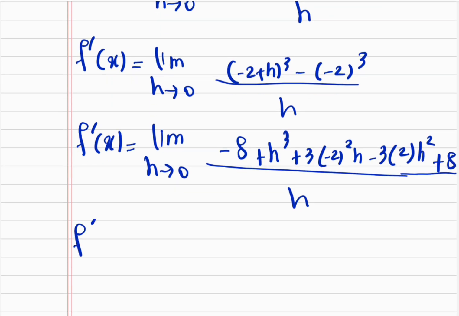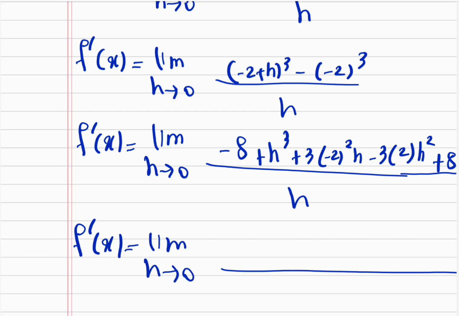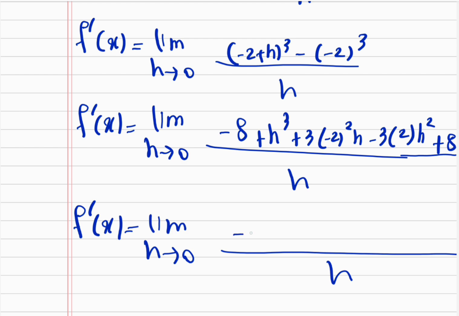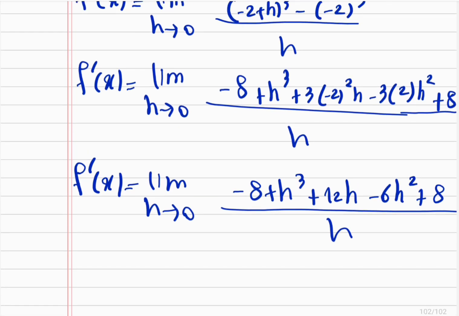So now we have the limit of -8 plus h cubed, and then 4 times 3 is 12, 12h, then minus 6h squared, plus 8. At this point, -8 and 8 cancel out, which is good.